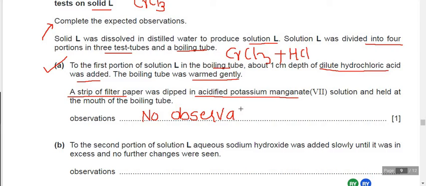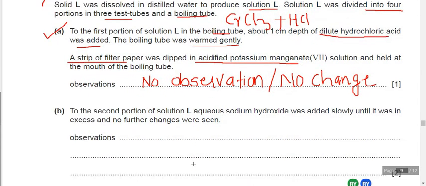Or there is no change, no observation, or you can write it down, no change in the strip of filter paper, because no gas is coming out from that boiling tube. That's why the filter paper will remain as it is. Filter paper will remain as the color of potassium manganate.